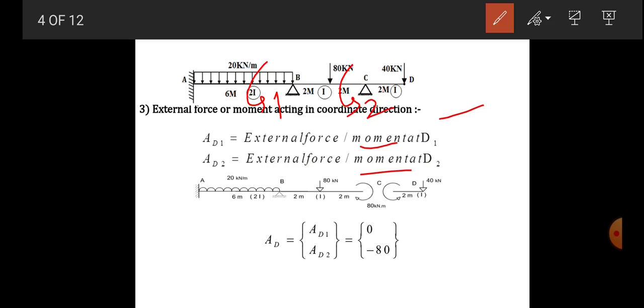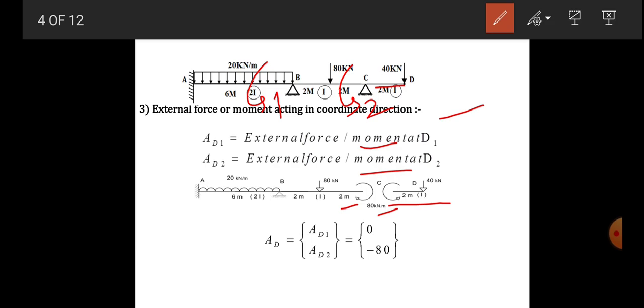Now at C, if we consider this cantilever and make it separate, then the cantilever will generate the moment at end C, which is in anticlockwise direction. 40 into 2 becomes 80, and the same moment will be in the opposite sense at CB, which is a clockwise sense of 80 kilonewton meter.